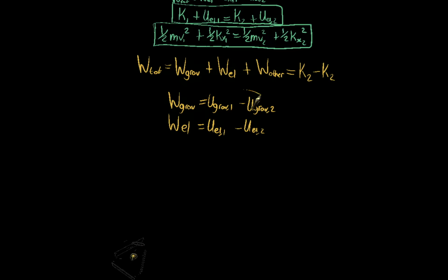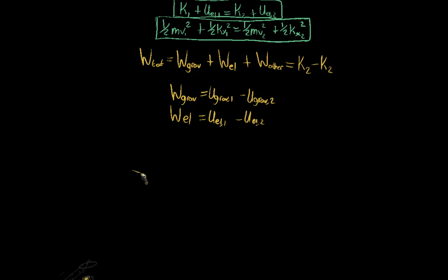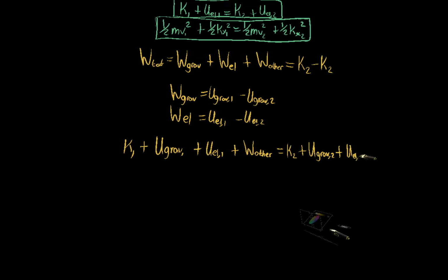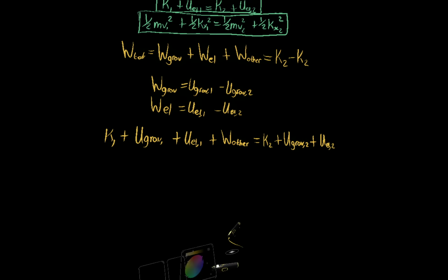If we rewrite this top equation, filling in some details and rearranging a little bit, what we have is K1 plus U grav 1 plus U elastic 1 plus work done by other forces, whatever they may be, there may be multiple, is equal to K2 plus U grav 2 plus U elastic 2. So that's everything.